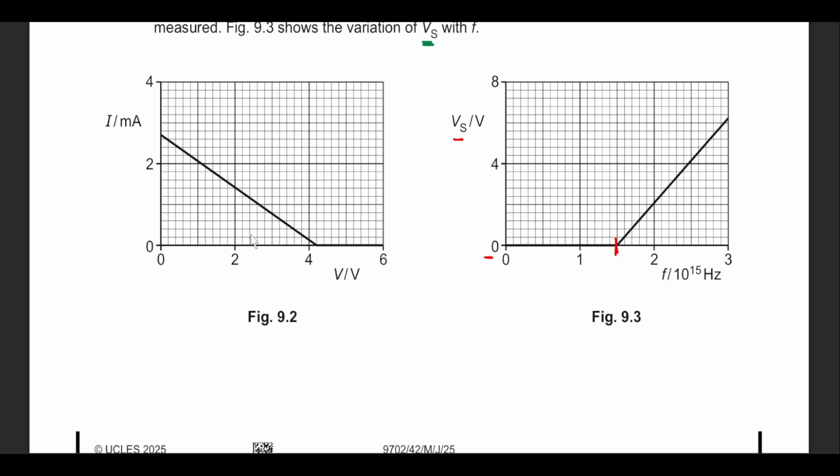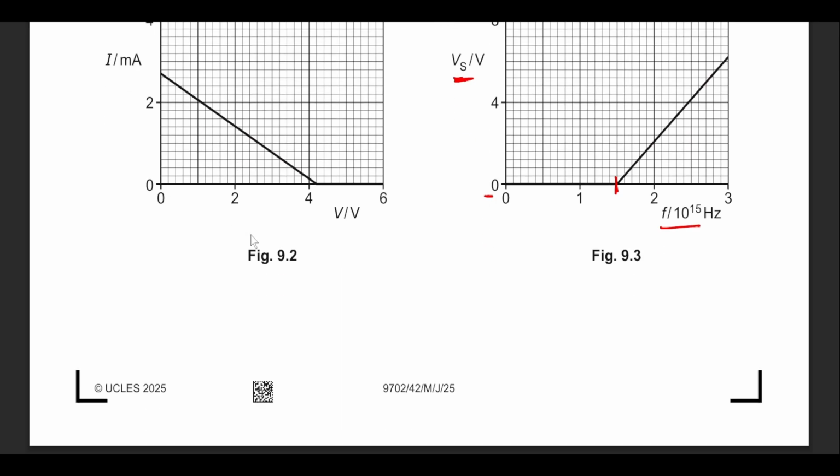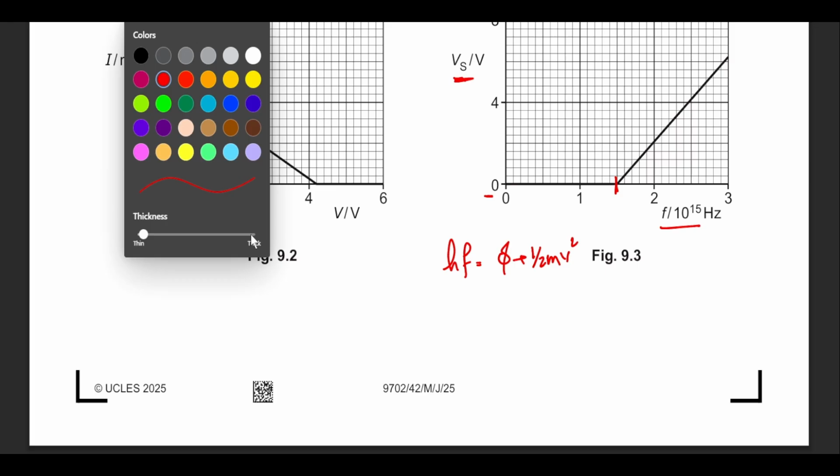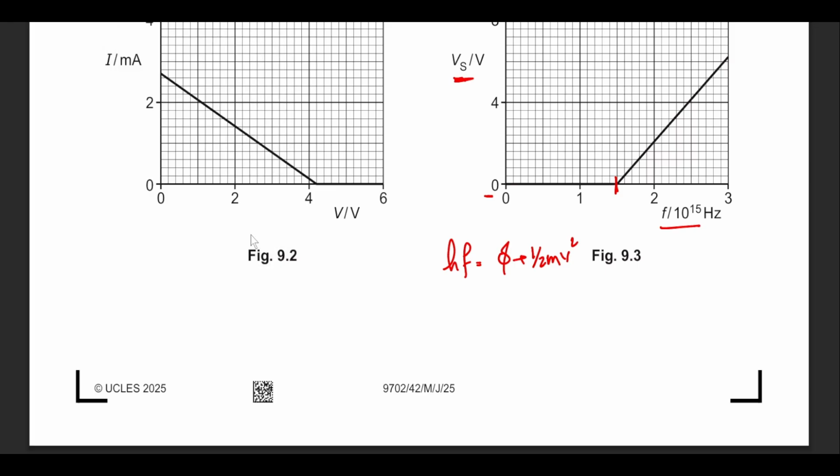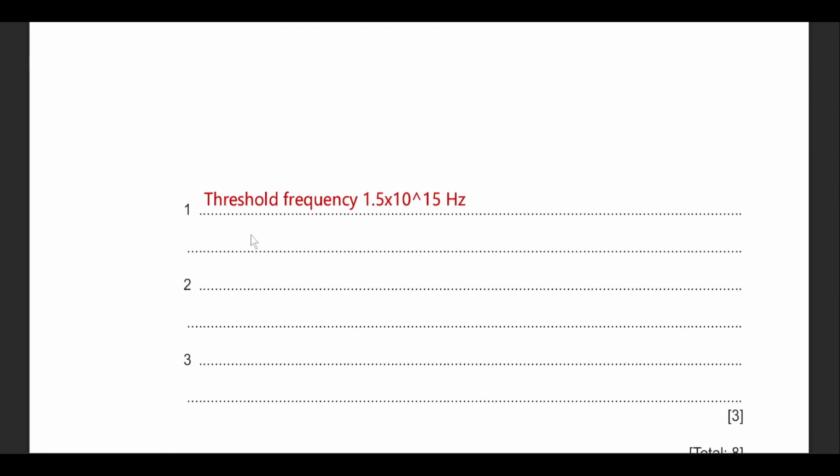So only after the threshold frequency of the photon has been crossed or received do we see some requirement of voltage to be applied so that we can stop them, right? As we increase the frequency, high energy photons start coming in, leading to an unbalance of this equation, which is hf equals phi plus half mv squared. Okay, all right. So the first conclusion is fine.